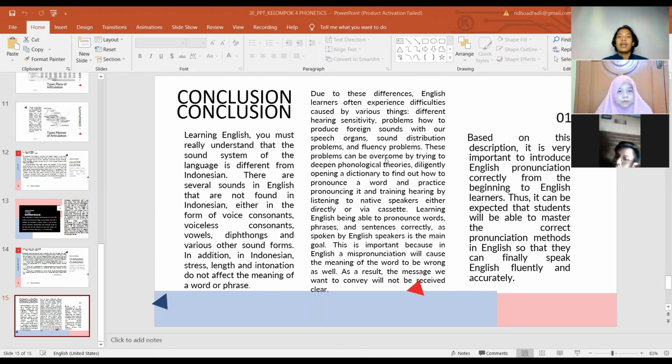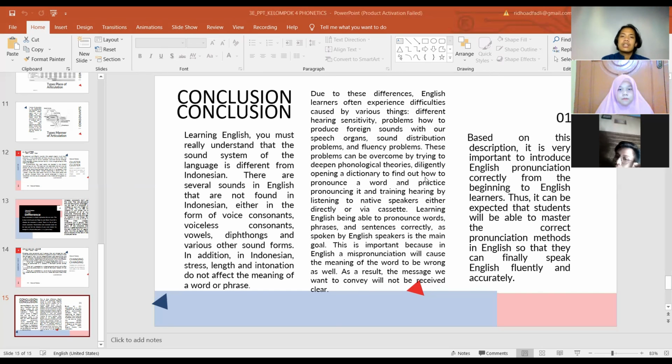These problems can be overcome by trying to deepen phonological theories, diligently opening a dictionary to find out how to pronounce a word and practice pronouncing, and training hearing by listening to native speakers either directly or via cassette.